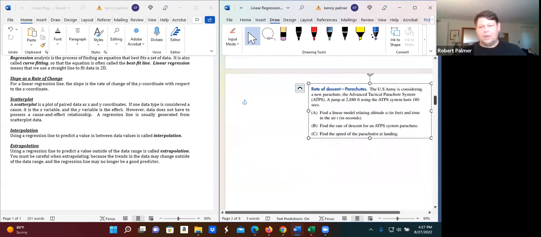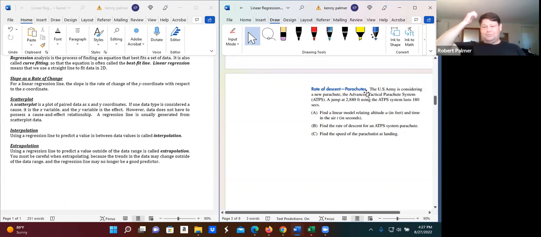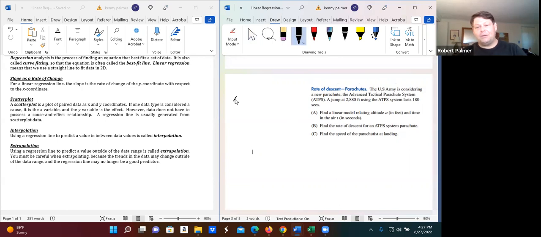This is about a parachute. It says, rate of descent for parachutes: the U.S. Army is considering a new parachute, the Advanced Tactical Parachute System. A jump at 2,880 feet using this parachute system lasts 180 seconds. Part A is like before, so I want to find a linear model.